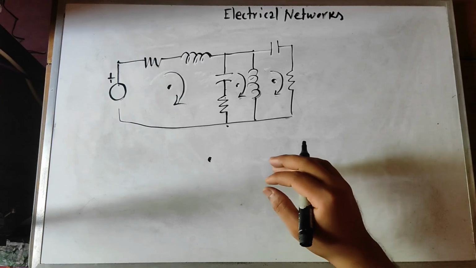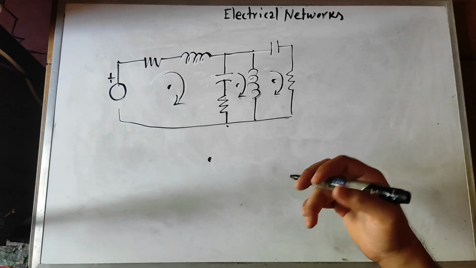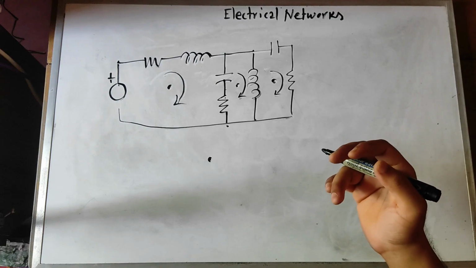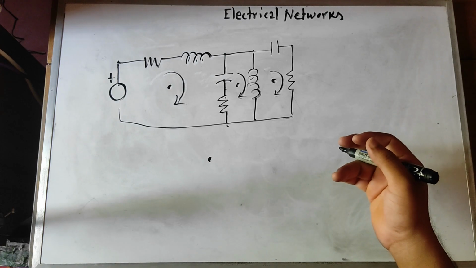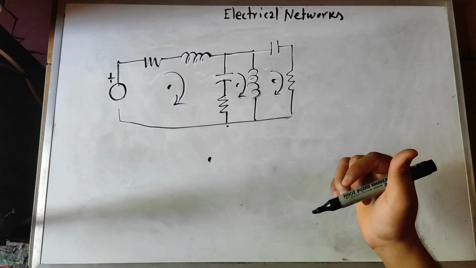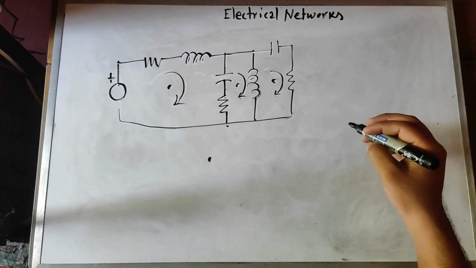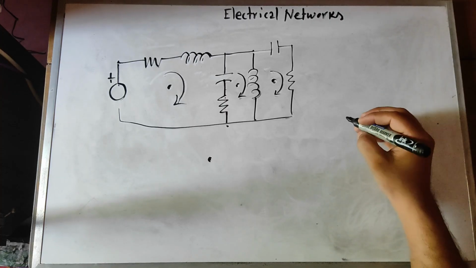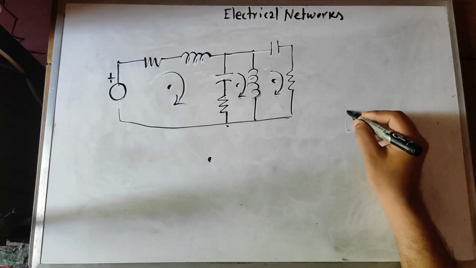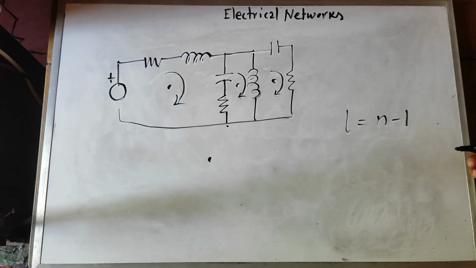I'm gonna discuss graph theory in my future videos if I get the time and opportunity. Graph theory for electrical networks states that the number of loops is the number of nodes minus one.